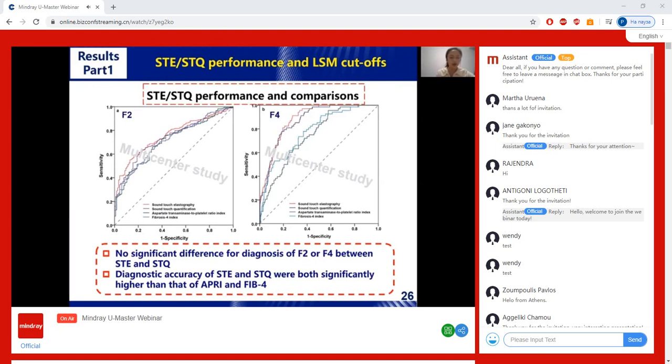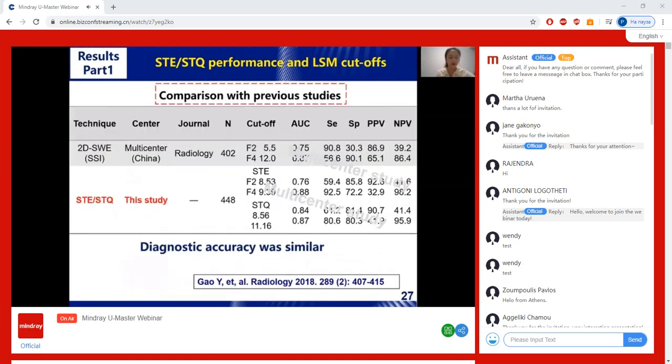There was no significant difference between the diagnostic accuracy of STE and STQ. When compared with the results of our previous multicenter study of supersonic imaging, the diagnostic accuracy was similar.